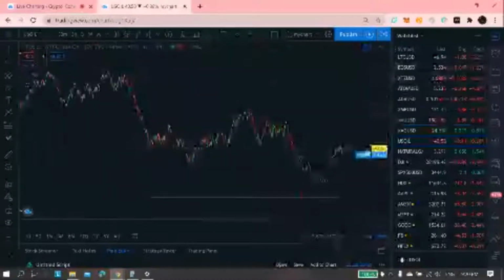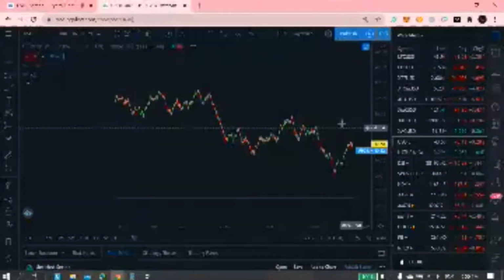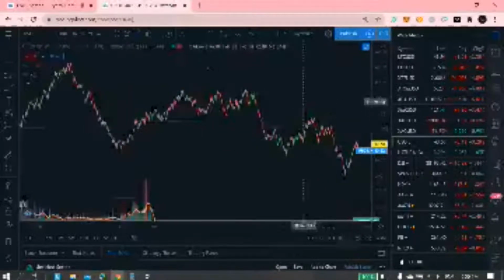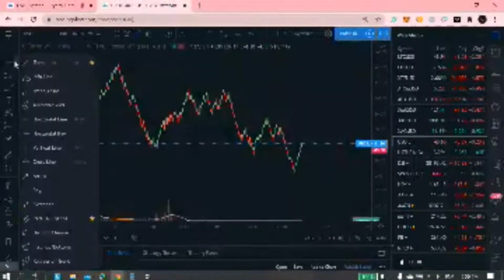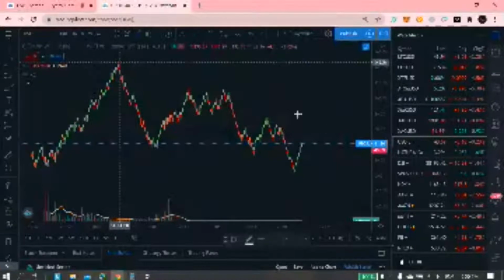Well, actually, if you look at the US oil, long term, wait, let's do this. Let's use the weekly Renko chart.